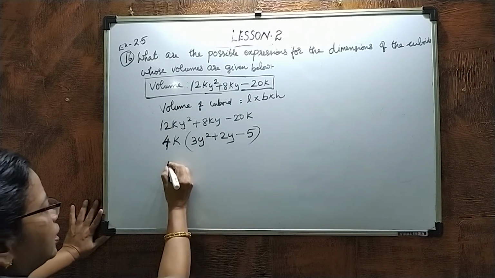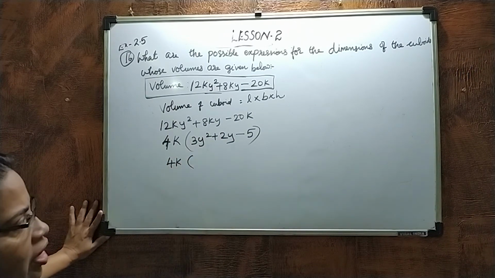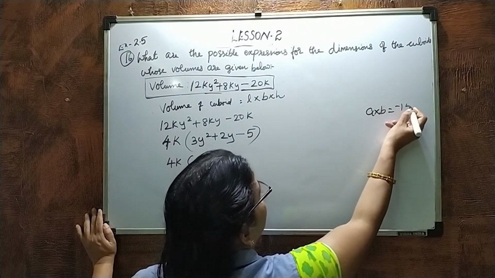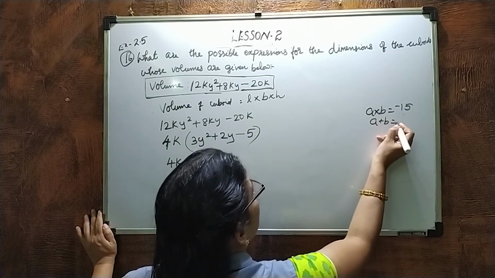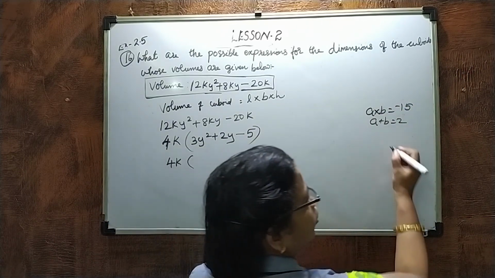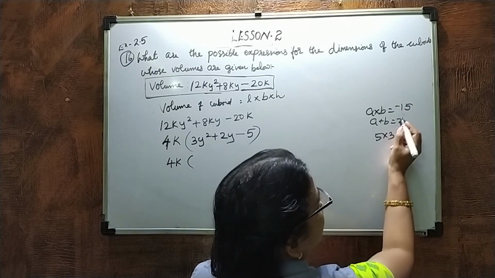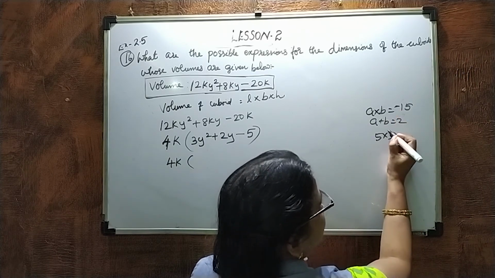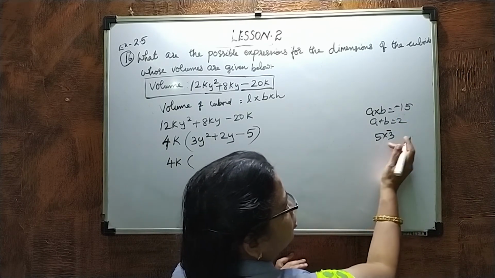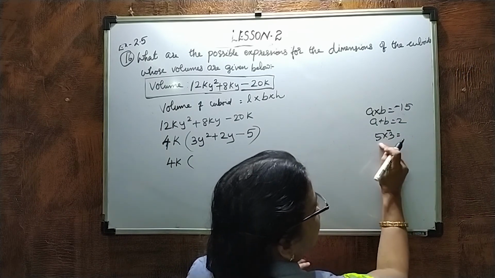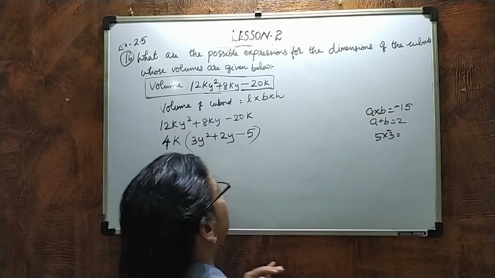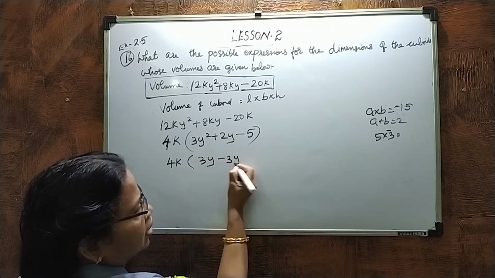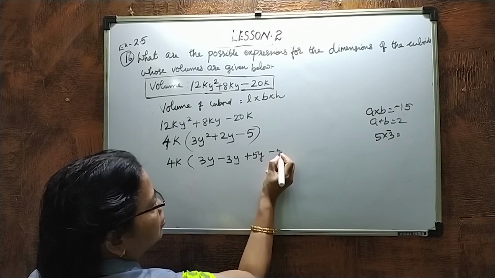So again you can use splitting the middle term. How will you do it? a into b is equal to negative 15, a plus b is equal to 2. So 5 into 3 is 15, and here it is 5 plus 3 or subtract. Here minus 15 means you take negative 3. So you will get negative 15, and here you will get 2. So it will be 3y square minus 3y plus 5y minus 5.